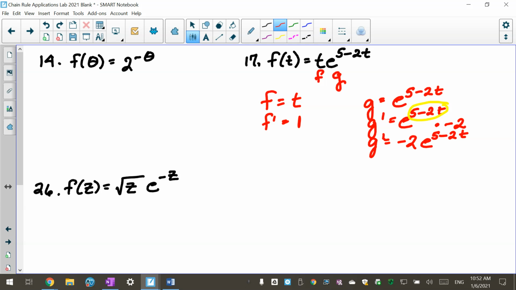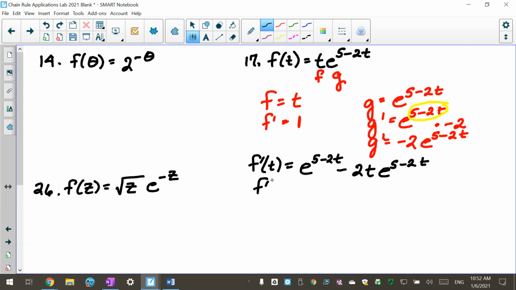Okay, and then we can start setting up the product rule. So I have f prime g, e to the 5 minus 2t, plus f g prime, which makes it minus because there's a negative, f g prime. So I just put the 2 in front of that t.